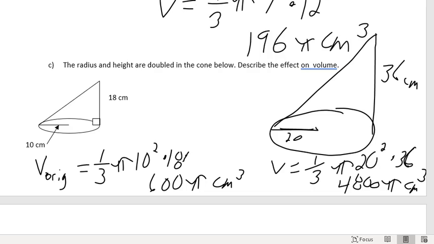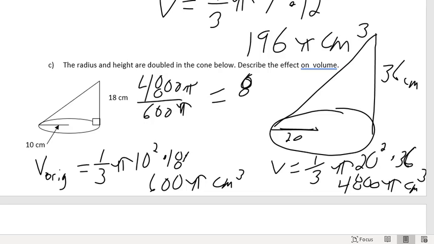Okay, now you should notice that it did not double our volume, right? It did way more than double our volume. Since we doubled the radius and doubled the height, if we look, 4,800 pi divided by 600 pi equals 8.